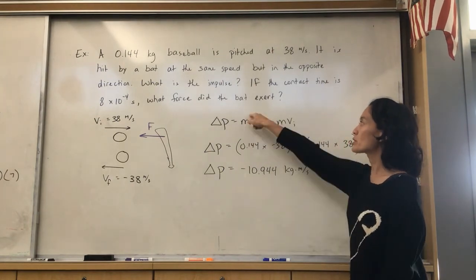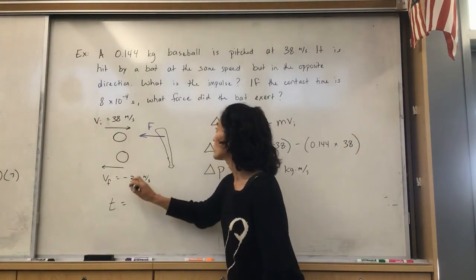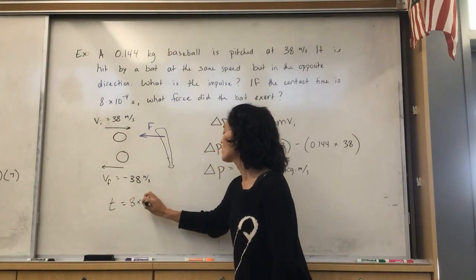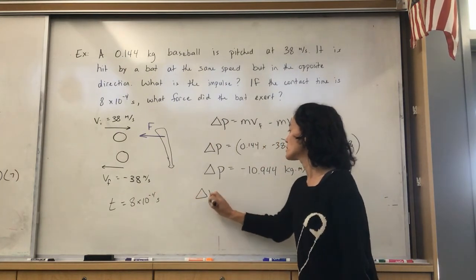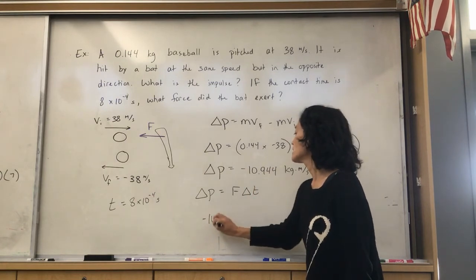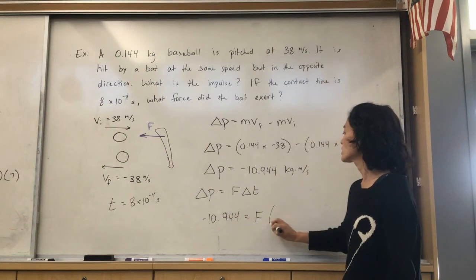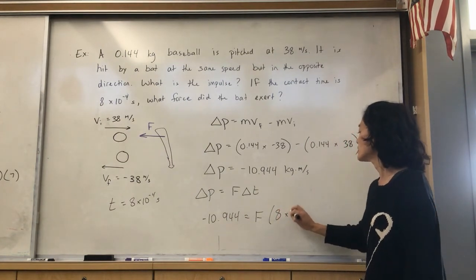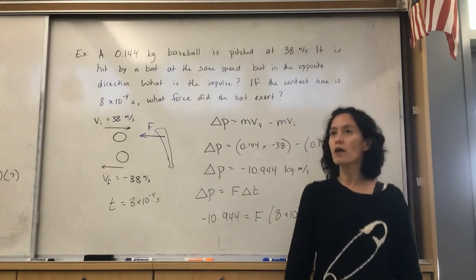The last part of the question is, what force did the bat exert? We know there's a time value, that it is in contact with the bat for a very brief amount of time. We know impulse is also equal to force times delta t. So negative 10.944 is equal to my force times my itty bitty time. Stop the video.